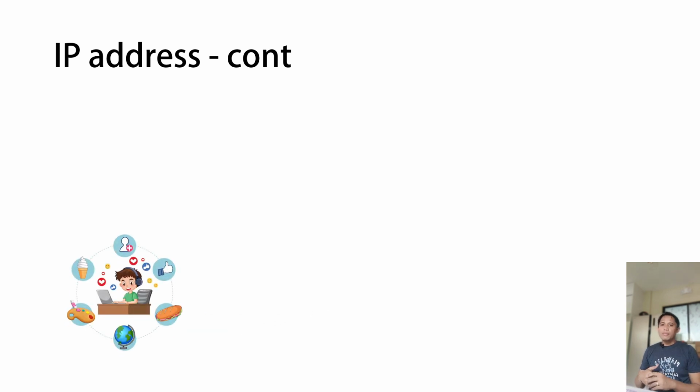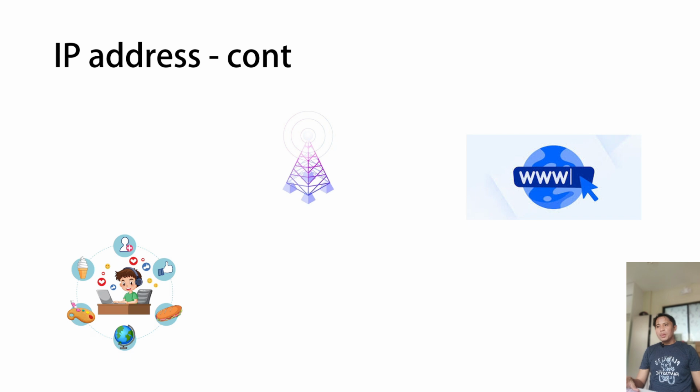So if you're at home, you have your computer, your laptop, your mobile devices. When you are browsing the internet, you have to have an ISP, or internet service provider, that provides you with connectivity to the internet. Let's say in this example you're going to browse Facebook.